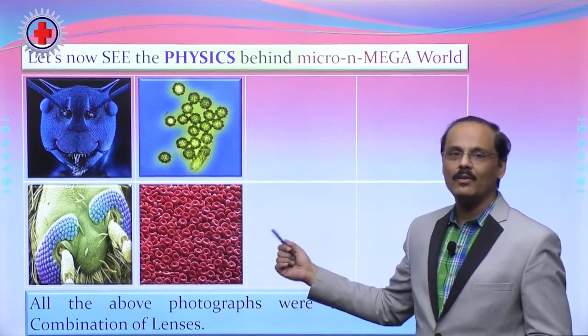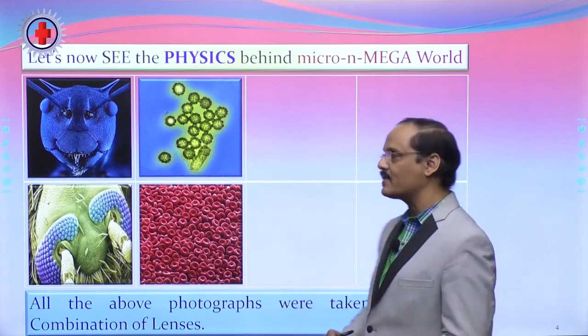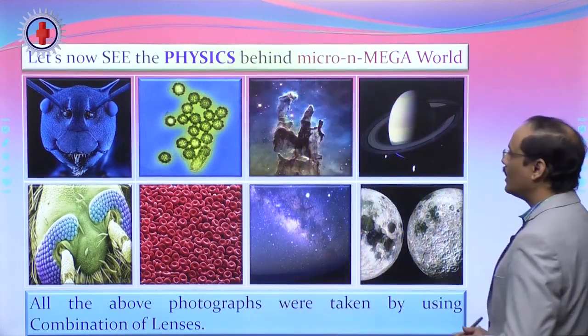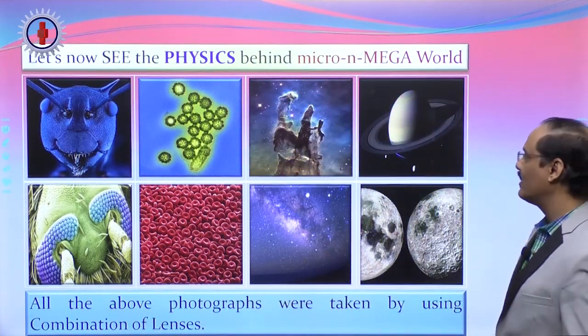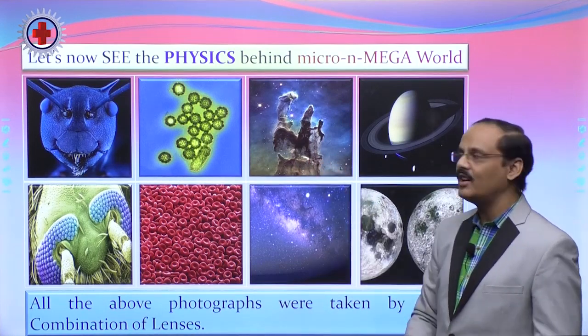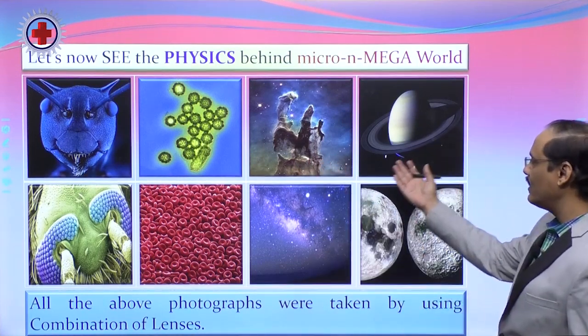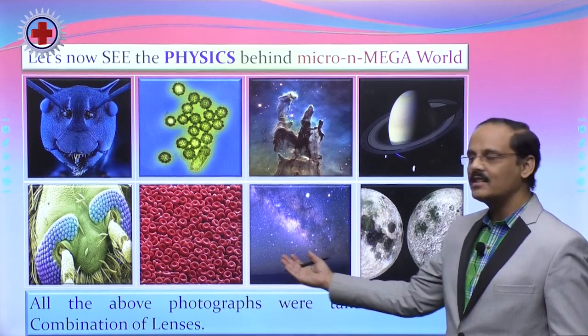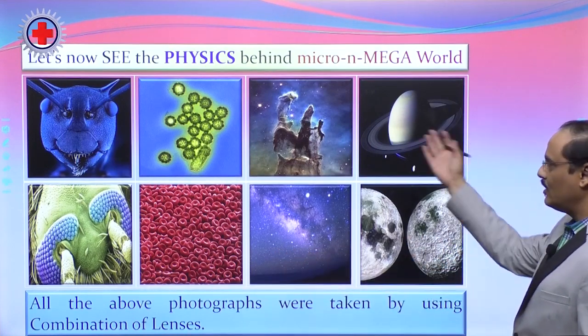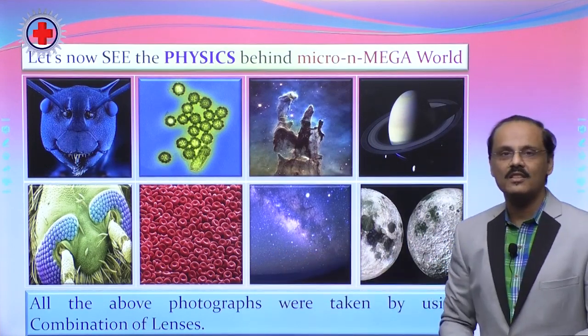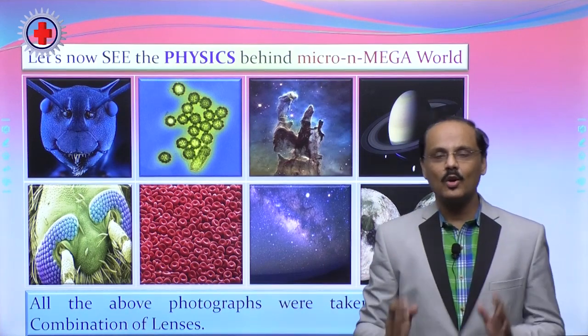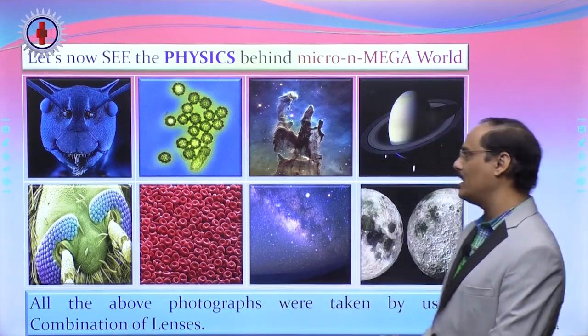All these are taken from combination of lenses. Now we could see the mega world. We have pictures of nebula, rings of Saturn, our Milky Way galaxy, craters of moon. You could see all these pictures were taken by combination of lens and mirror.